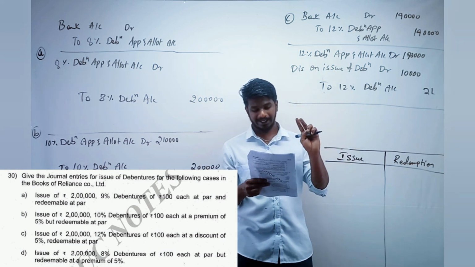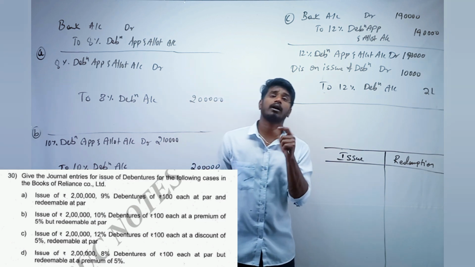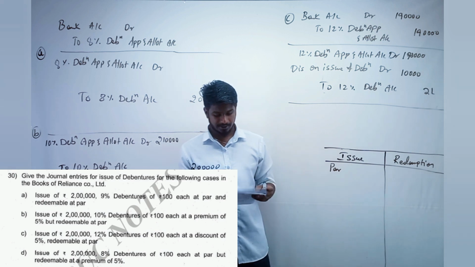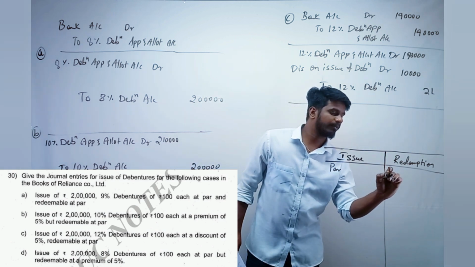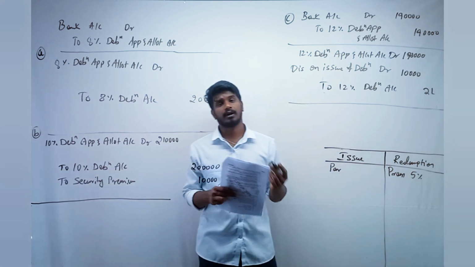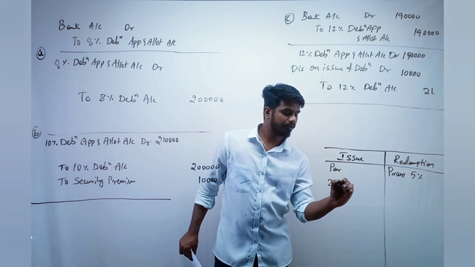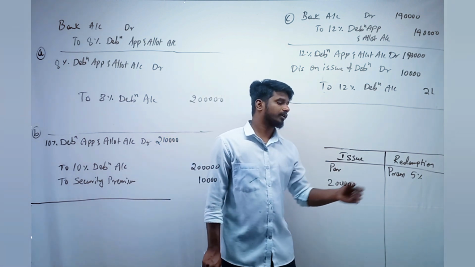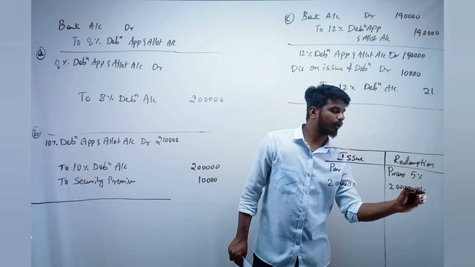So issue of 2 lakh 8% debenture of 100 each at par, issued at par, correct. Next redeemable at a premium of 5%. Par means whatever the given amount. They have given 2 lakh, just write 2 lakh here, right.